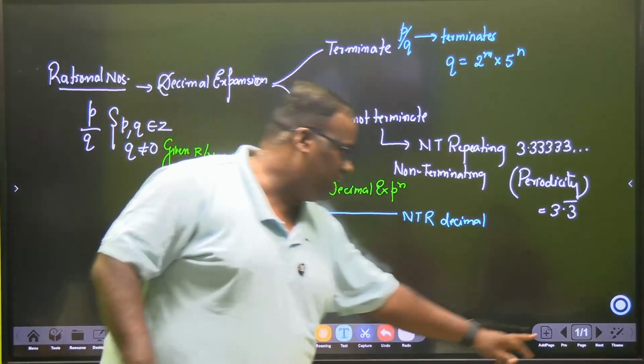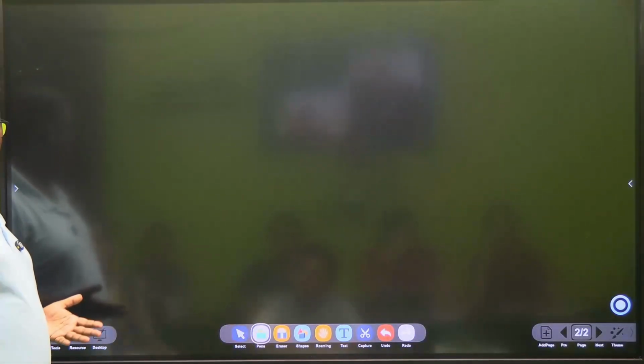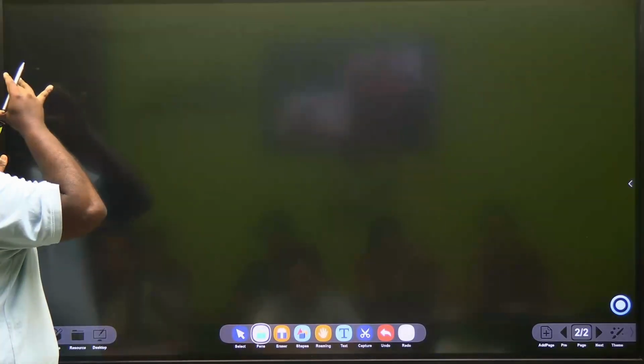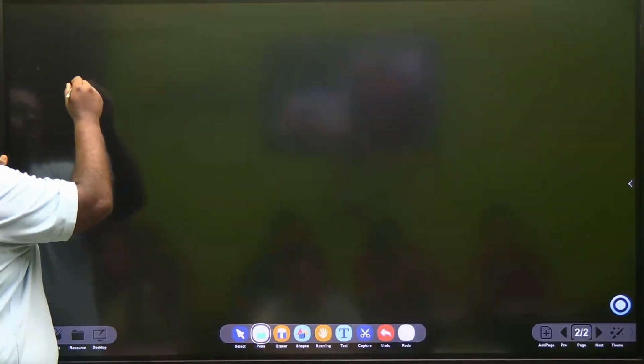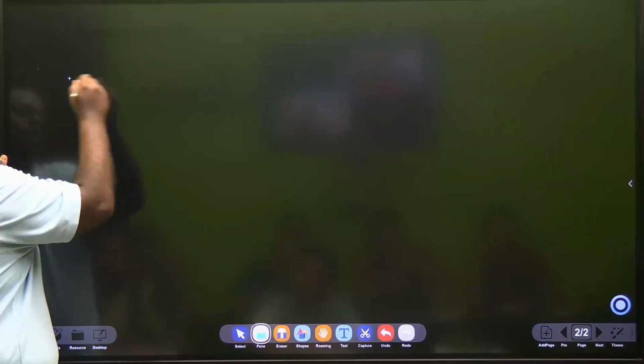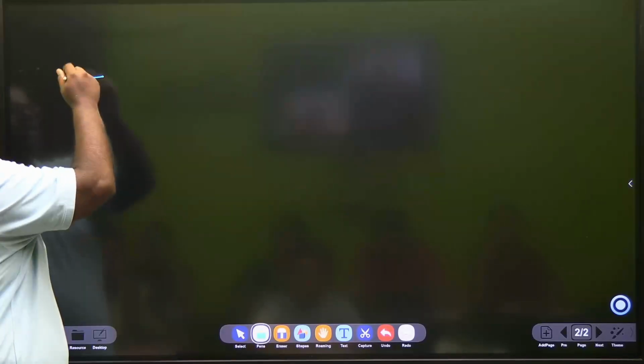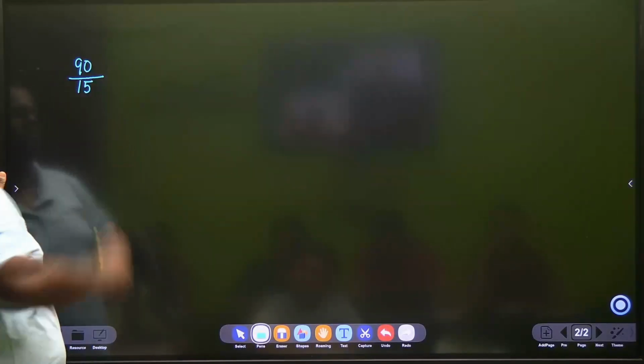Okay, let's check. Sometimes they may say, without performing actual division, check whether this decimal will terminate or not, right? Say for example, on the denominator, we pick up 15, and say we have 90 on this side.